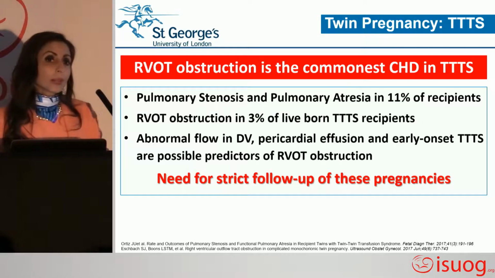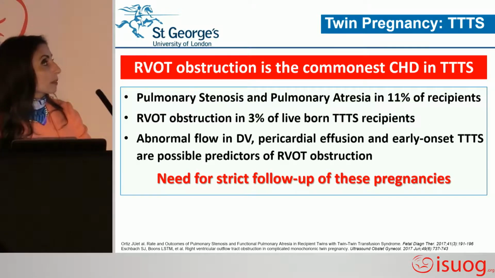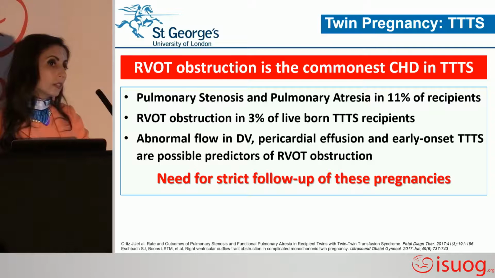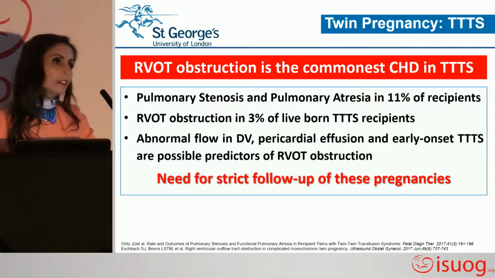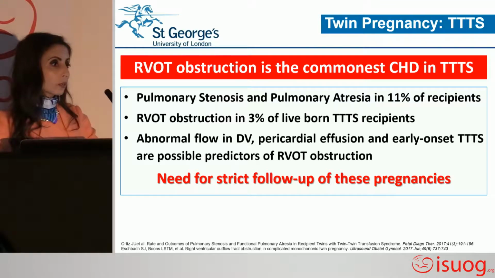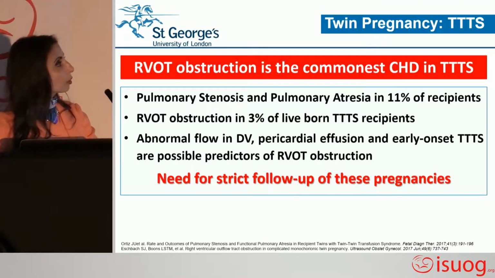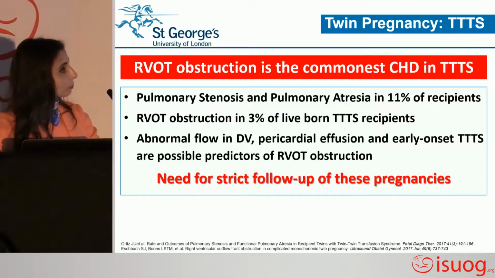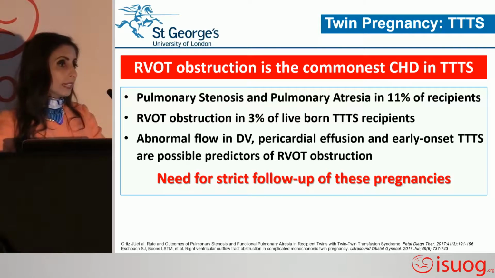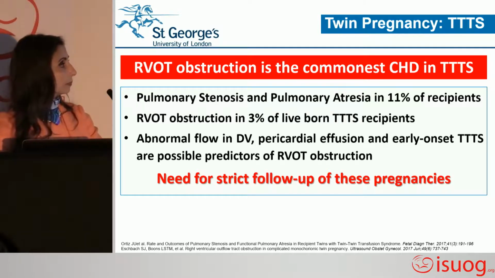And then the heart. There is obviously a higher risk of congenital heart disease in pregnancies complicated by TTTS, particularly right ventricular outflow tract obstruction. So pulmonary stenosis and pulmonary atresia is reported in about 10% of the recipients. And therefore, you really need to be looking at the heart as well in the follow-up of these pregnancies.